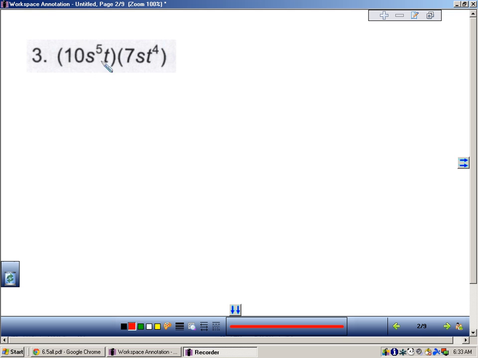Same idea here. Two terms, multiply them. So I'll group the coefficients of the powers. I'll group the variables that have the same, well, actually, they're powers again, that have the same base.